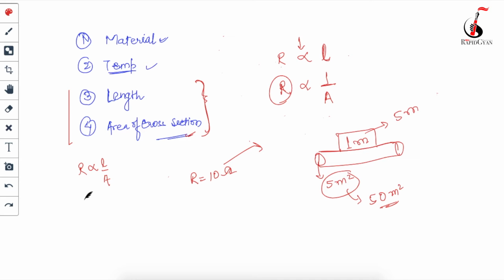So can I write R is equal to, if I remove this proportionality sign, I will add a constant. That constant is called resistivity, which is denoted something like this, L upon A, correct?